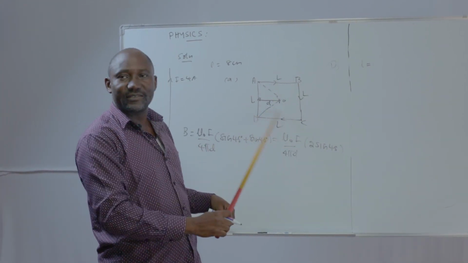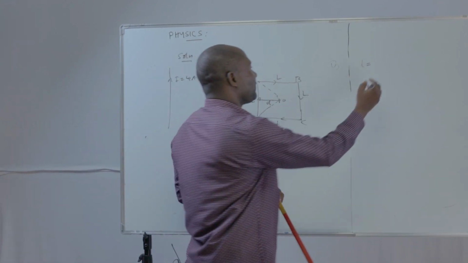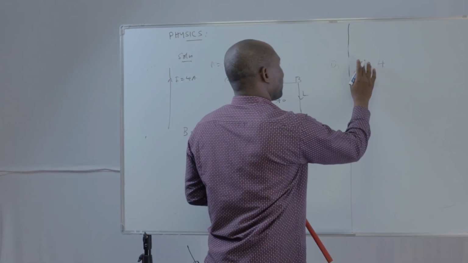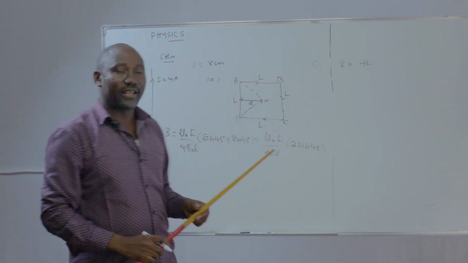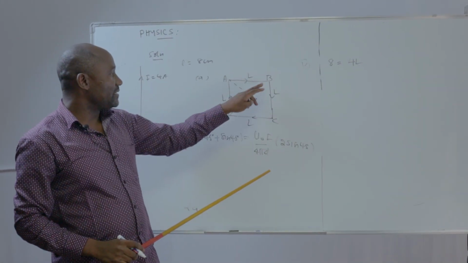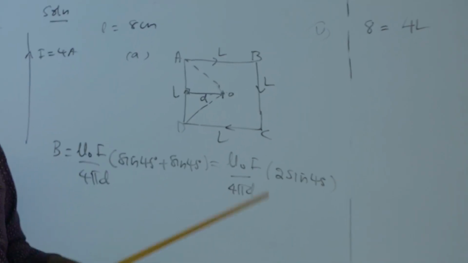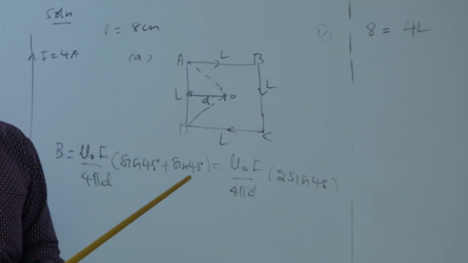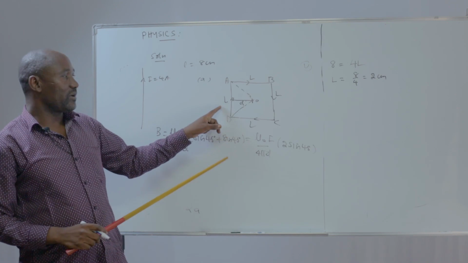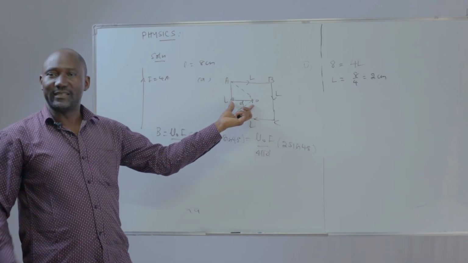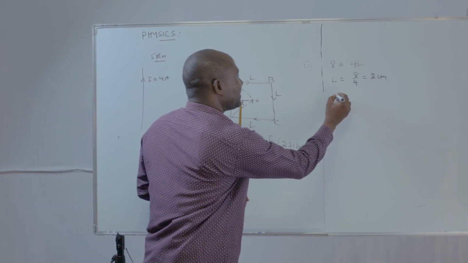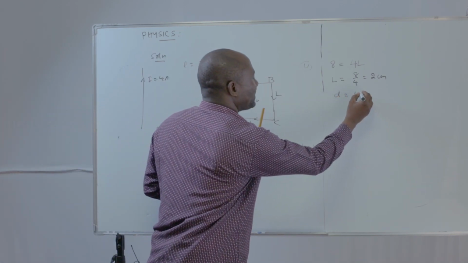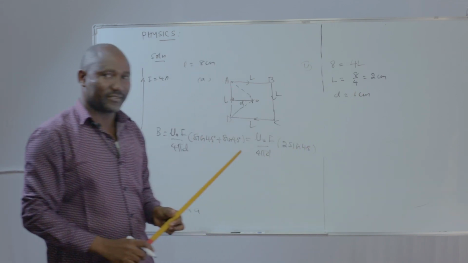The circumference of this square is given by 4L. So 8 equals 4L. The length is 8, but if you find the circumference of the square, it will give us the same length. We know the length of the side of the square, and then from there you can find D. D is half of this length. So our D equals 1 centimeter, half of that.